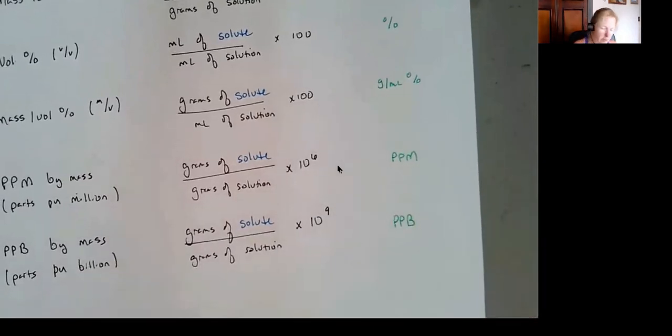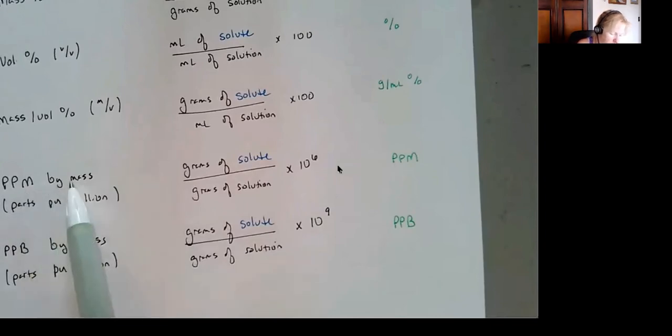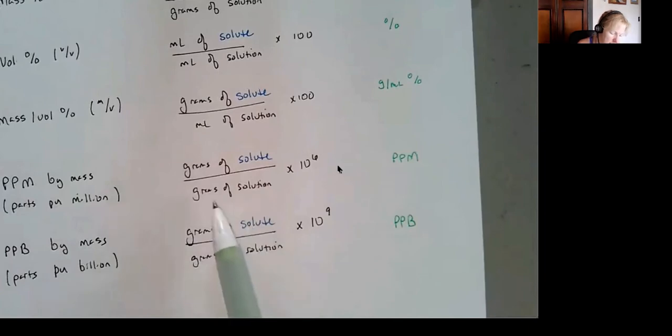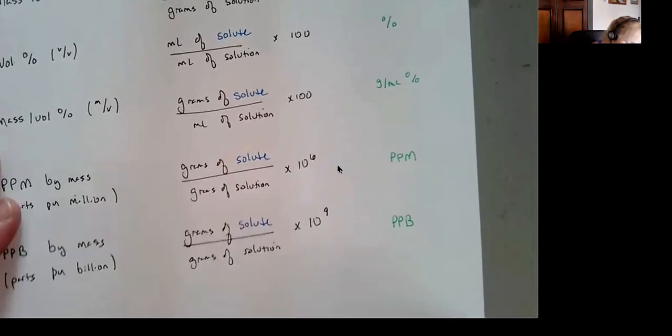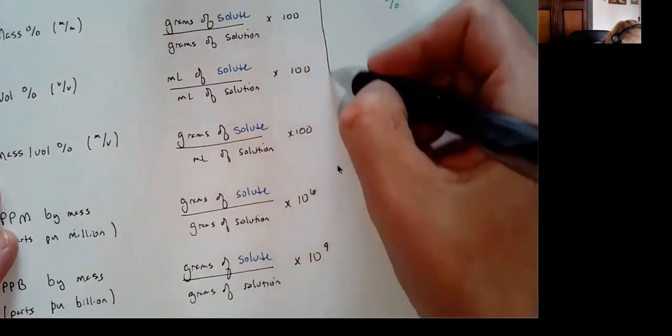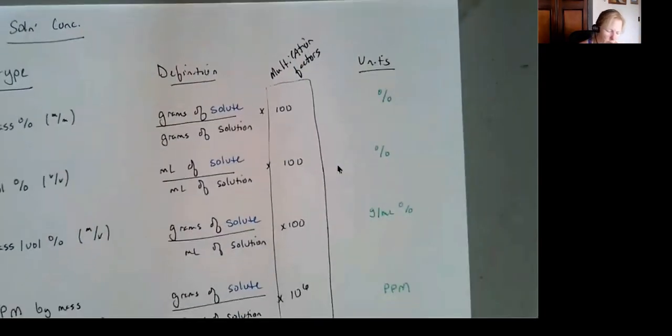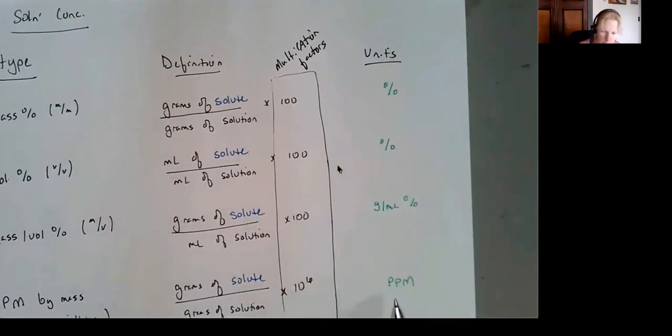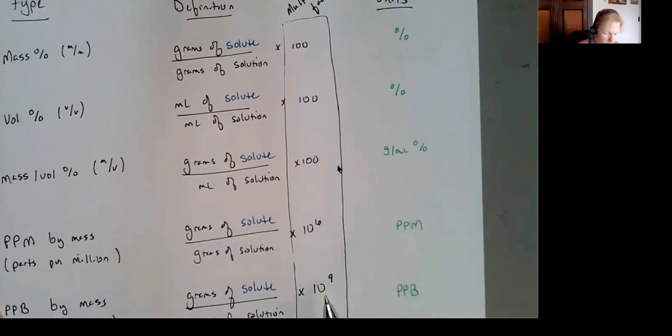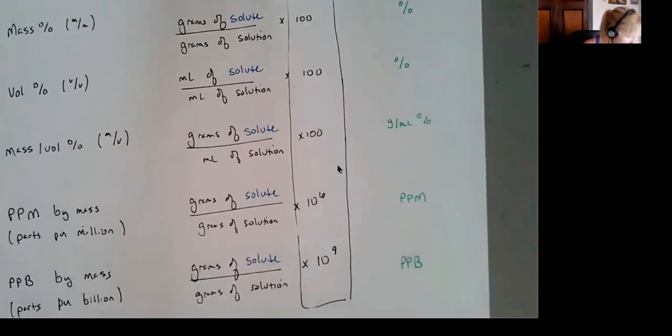I can do the same thing with parts per million by volume and parts per billion by volume, and the difference is that your units are going to be different. These things here are always called your multiplication factors. Do I multiply by 100, then I get percent. Do I multiply by 10 to the 6th, then I get parts per million. If I multiply by 10 to the 9th, I get parts per billion. Okay, so that's one type.